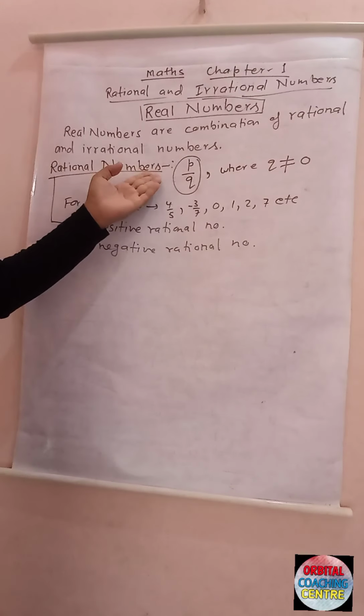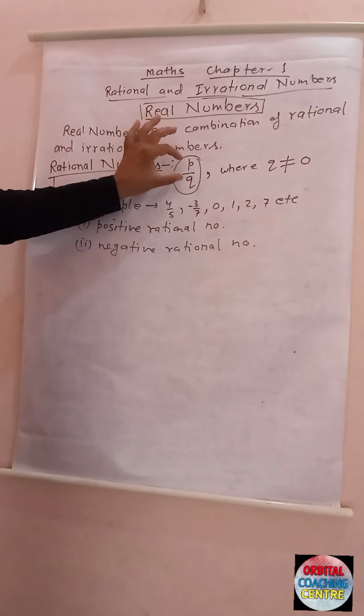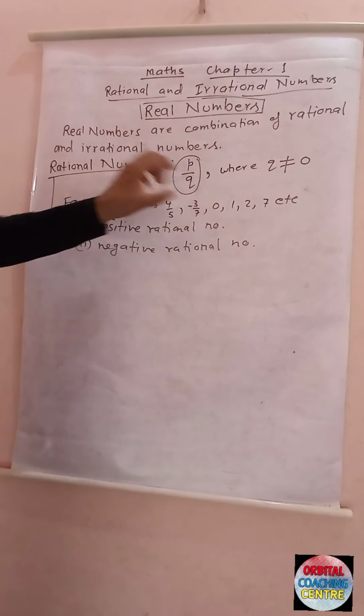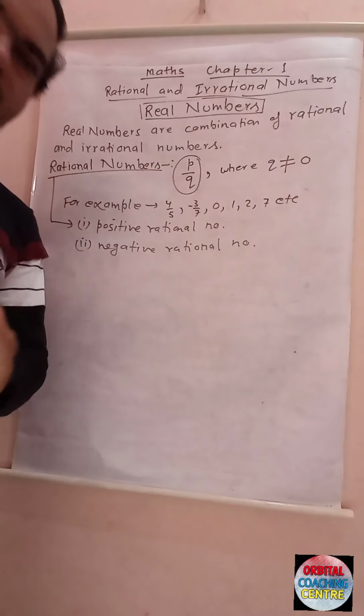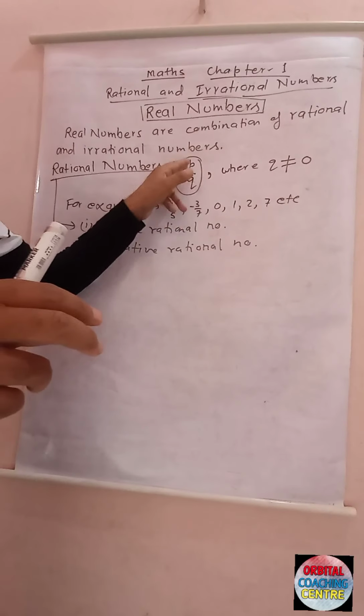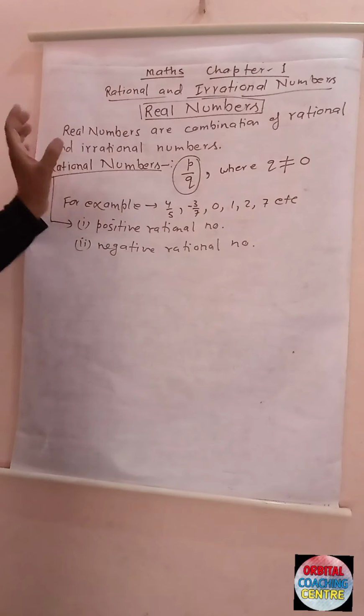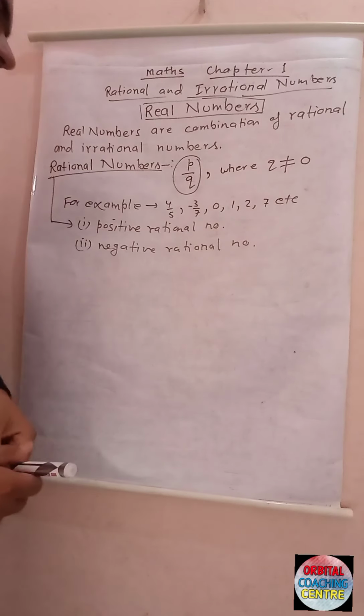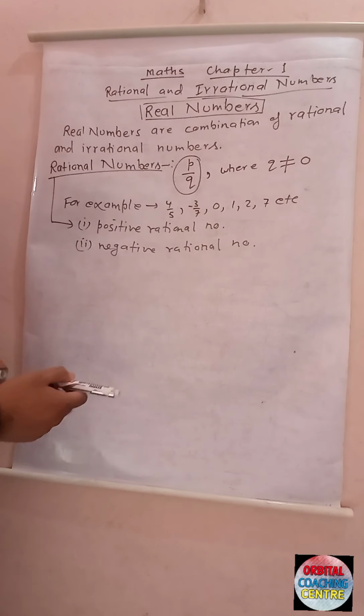And what are rational numbers? Rational numbers are those which we can write in the form of p by q, where q is not equal to 0. Any number which we can write in the form of p by q is called a rational number. Okay, understand?